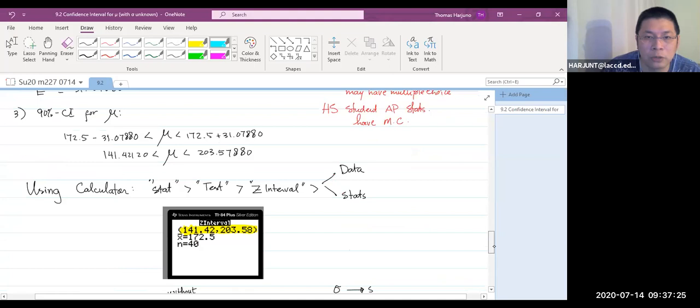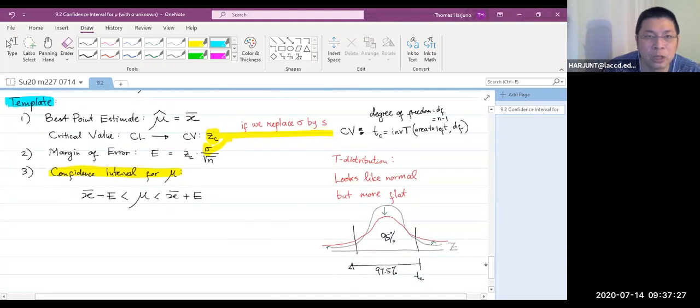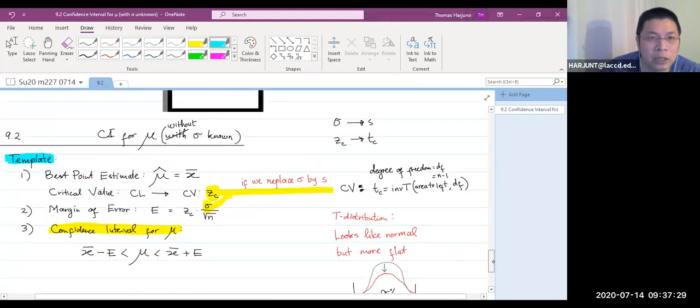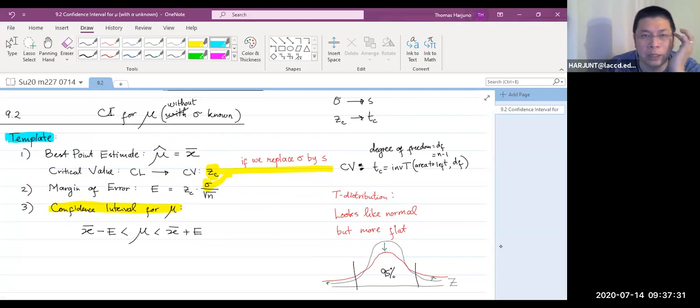Now, let's go back to our question here. This is the model that they consider more realistic. If you can get your sample mean, very likely you will be able to find your sample standard deviation too.